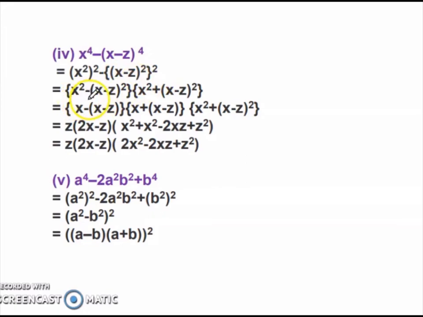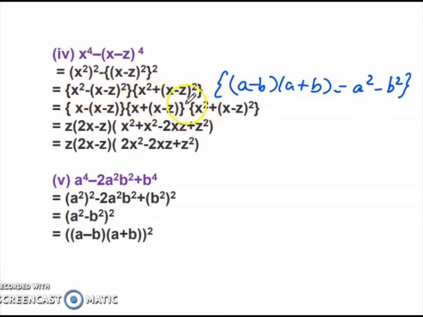So x square minus, this will first be factorized as a plus b into a minus b. So x square minus x minus z the whole square into x square plus x minus z the whole square. This is by using a minus b into a plus b is equal to a square minus b square. This identity has been used here.